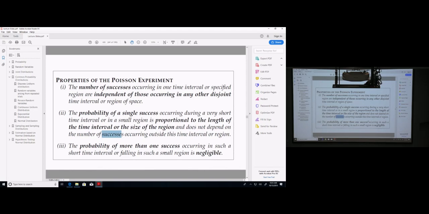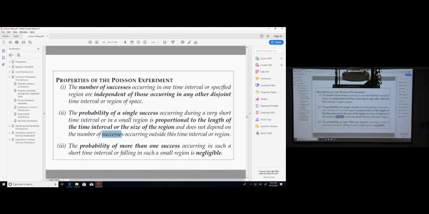Now, the probability of more than one success occurring in such a short time interval or falling in such a small region is negligible. So basically, it precludes multiple occurrences in a very small thing.